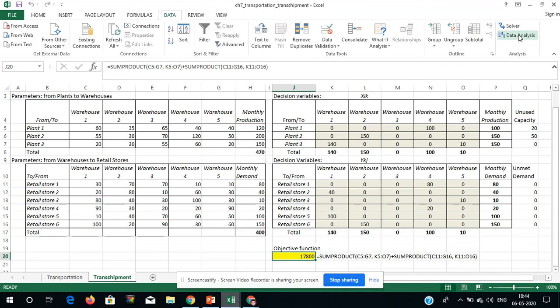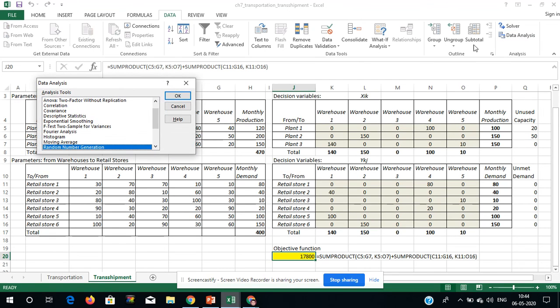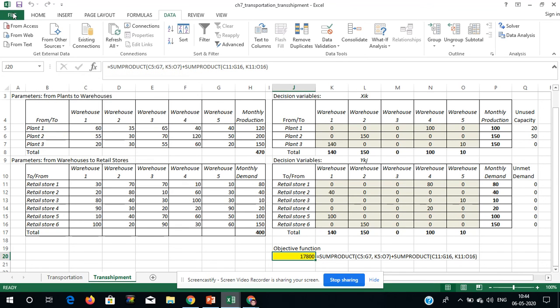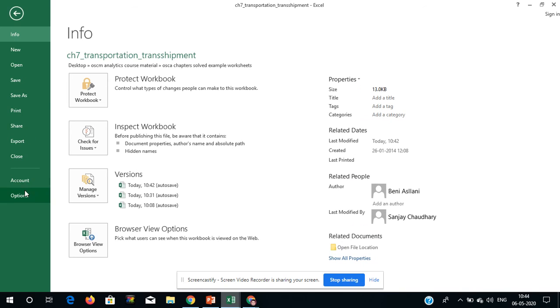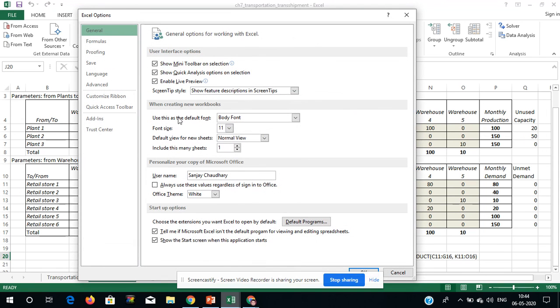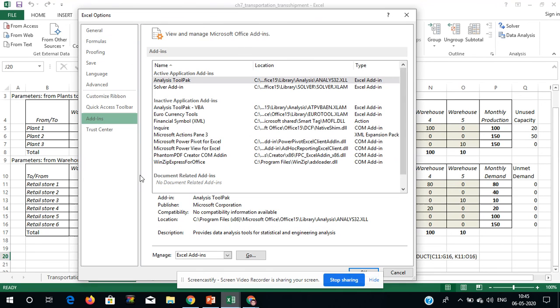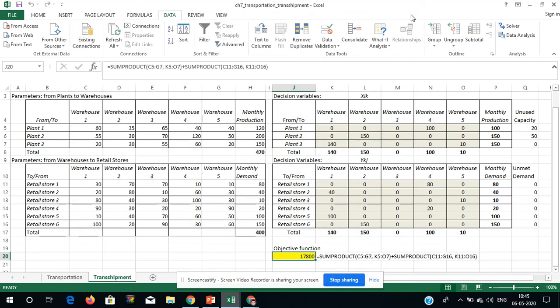When I come here, for example, I click on this add-in, like Solver. And how do we get this add-in? You go to File, Options, and then Add-ins. You can see Analysis ToolPak and Solver here.